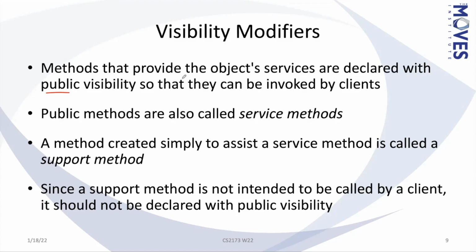So instead of jamming all that code into one method, I'll simply call this support method. The support method is not something that you can call from outside, so you don't declare it with public visibility. We'll declare it with private visibility. There are some occasions where you might need protected, but again, we're not dealing with protected yet. So for most of this class, be aware that protected exists, but we're not going to worry about it until next quarter.